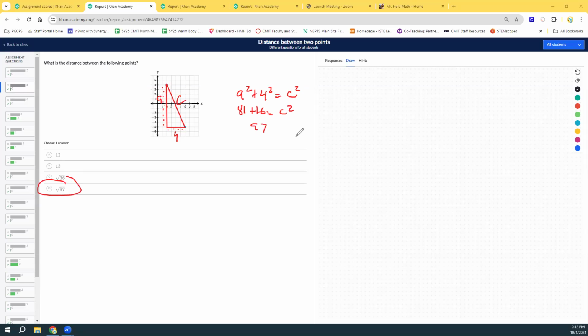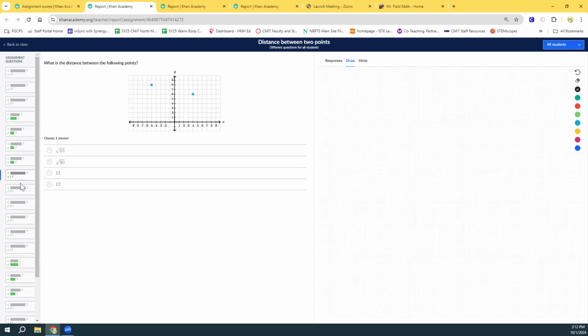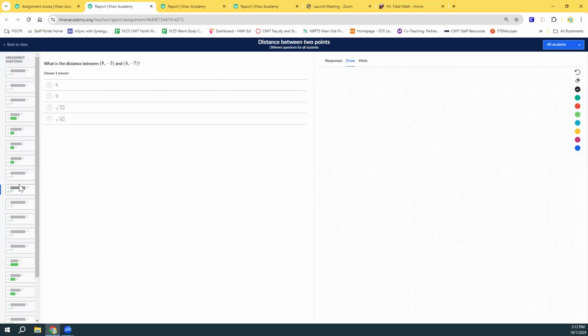So this may be a little bit easier, but I do have to show you one more that has just the coordinates and may trick you a little bit. So maybe something like this. You might say, wait, I can't do it, right? Okay, well, can you plot points? Do you remember that?